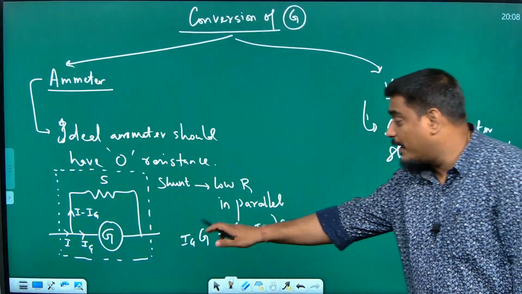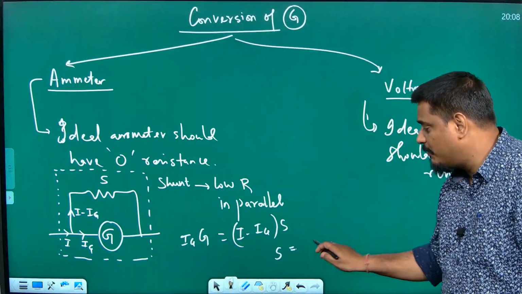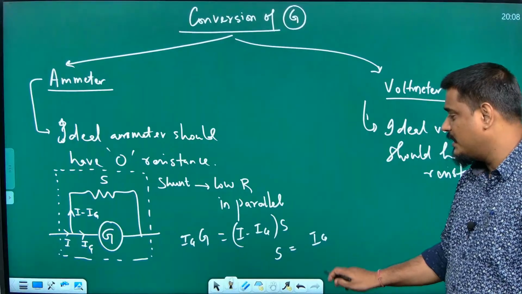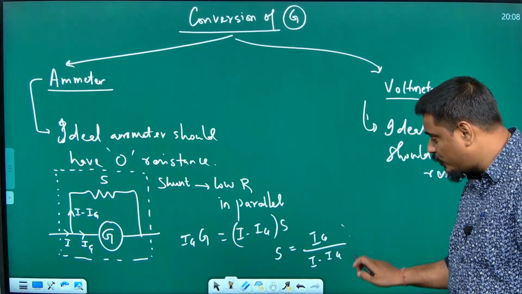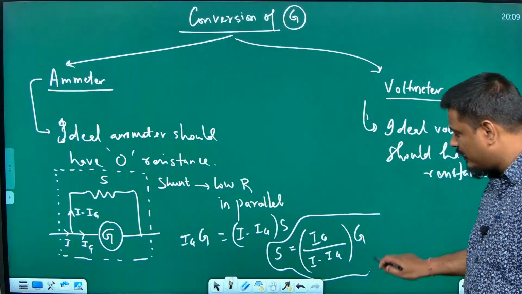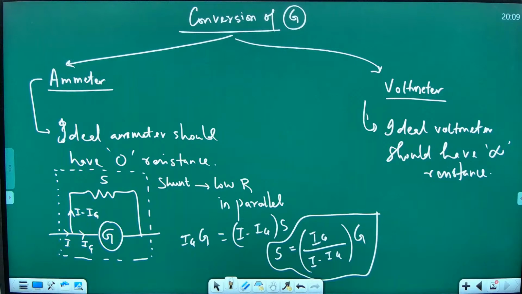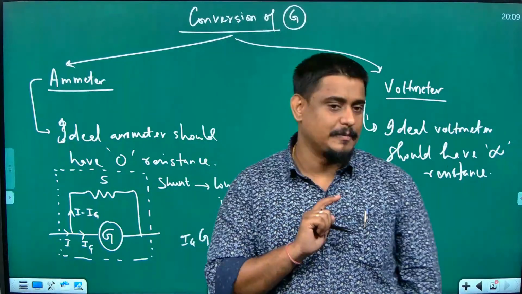So from here you can find the value of the shunt resistance. Shunt value will become equal to Ig by I minus Ig into G. So by this formula, you can easily find the shunt that you want to add to a galvanometer to convert it into an ammeter.